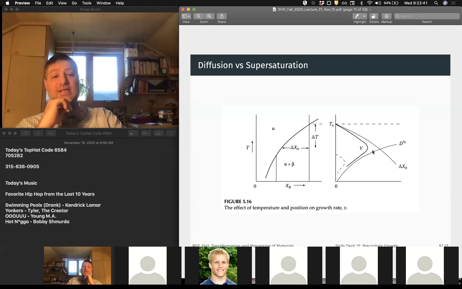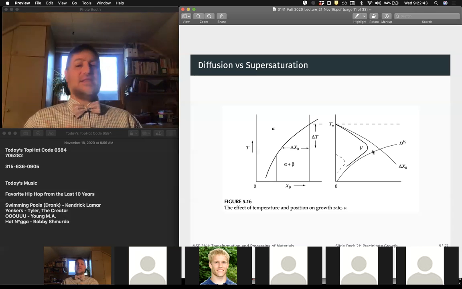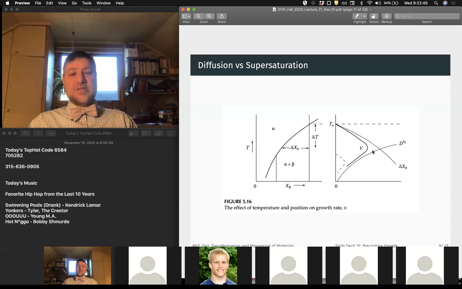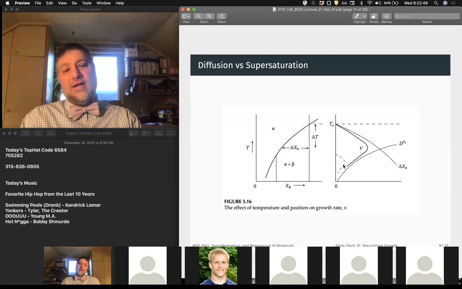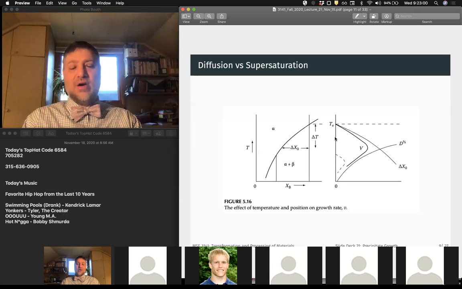So this sets up one of the basic universal truths in materials processing: you can either be in a nucleation limited regime where growth tends to be fairly easy, right? If we're at lower undercoolings, growth is much easier than nucleation.